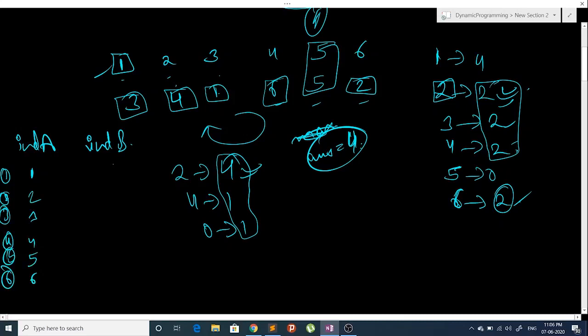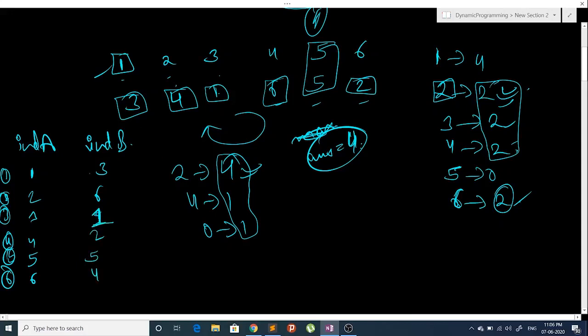In array B, the index of 1 is 3, the index of 2 is 6, the index of 5 is 5, the index of 4 is 2, the index of 3 is 1, and the index of 6 is 4.